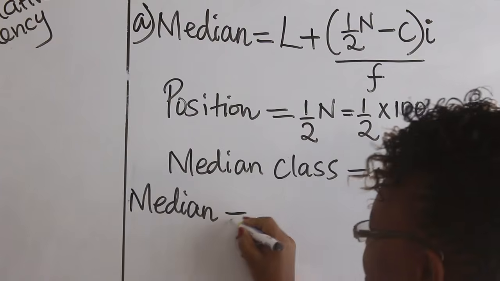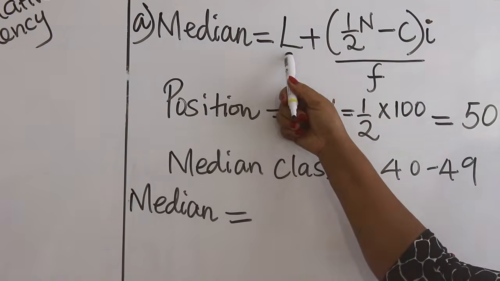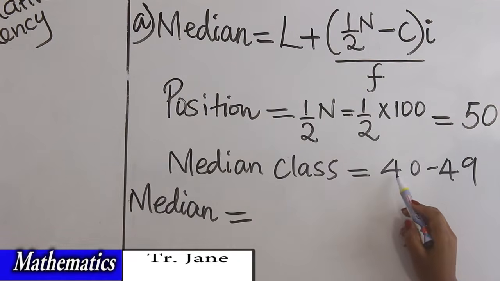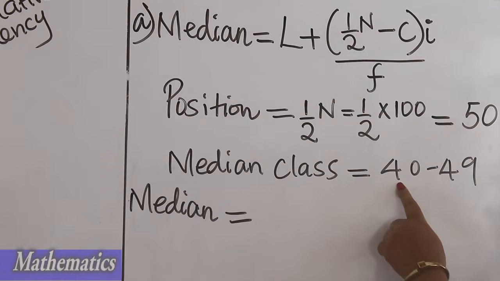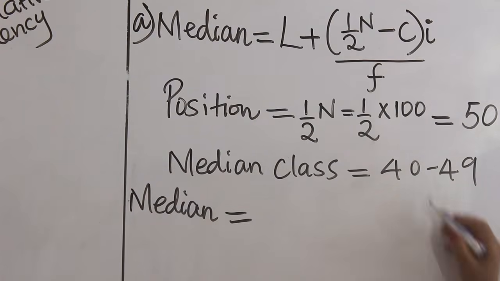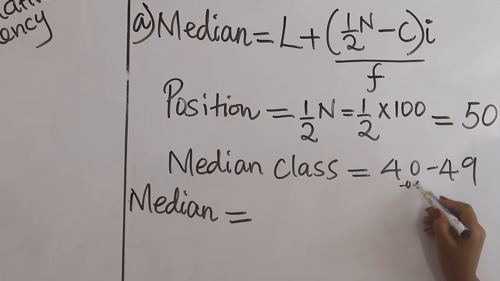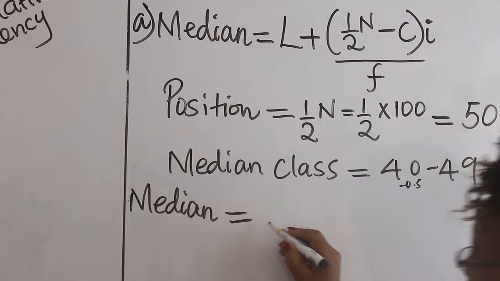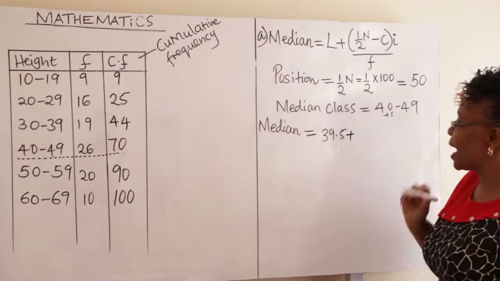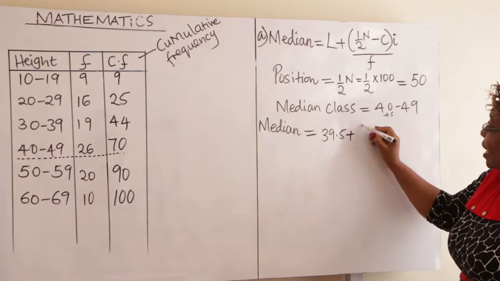Your median therefore is given by lower class limit. How do you get the lower class limit? You come to the lower number here, you subtract 0.5. You subtract 0.5 from 40, so you will get 39.5, plus a half of n.